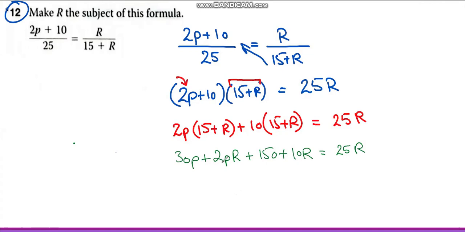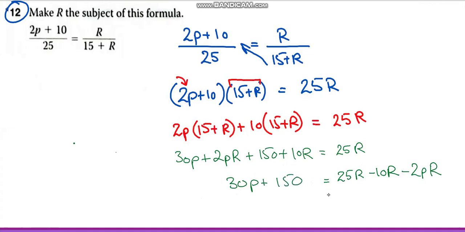Now I will shift the terms containing r to the right side. So I will get 25r minus 10r minus 2pr on the right side, and on the left side I will be left with 30p plus 150.